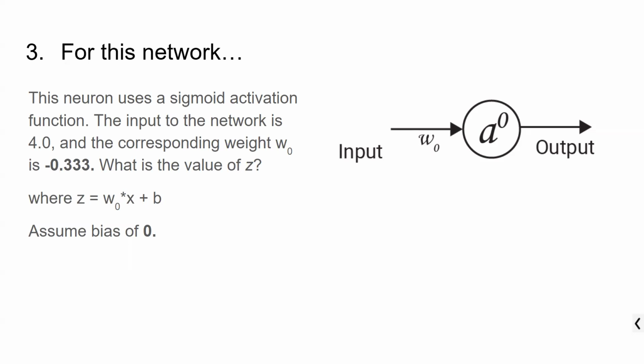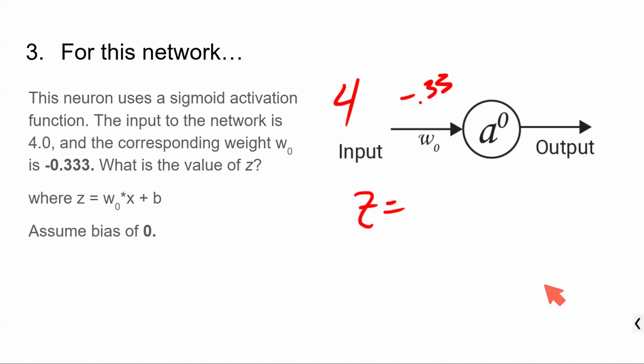So I've got a bias of 0, input for, weight negative 0.333. So what is z? Negative 4/3. I agree with that. So z is negative 4/3. Awesome.